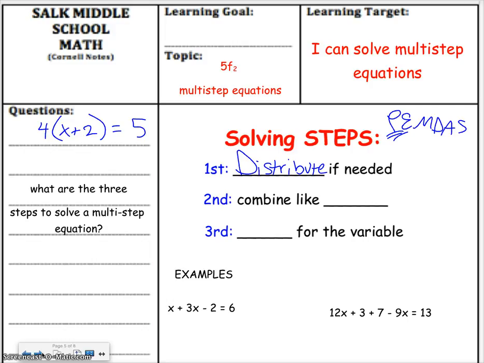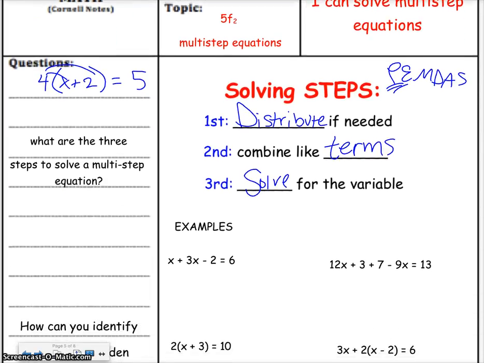Well, there's an x inside there, and there's nothing I can do with it. So to deal with it, you end up distributing. You always distribute first. It's order of operations. And then you combine like terms and solve. So: distribute, combine like terms, solve. That's how you're handling today.